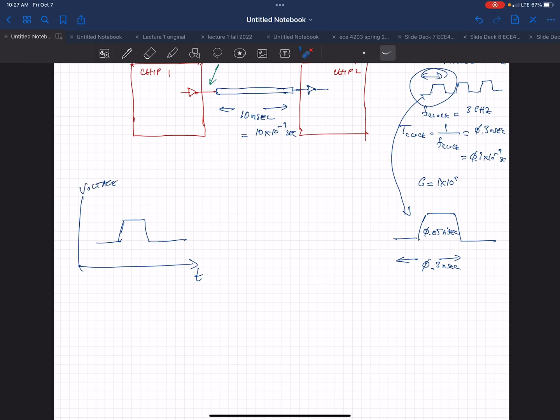And if you take the square wave and you do a Fourier transform to see all the different frequencies that this thing is made out of, it'll have a bunch of frequencies, because a bunch of sines and cosines make up the square wave.